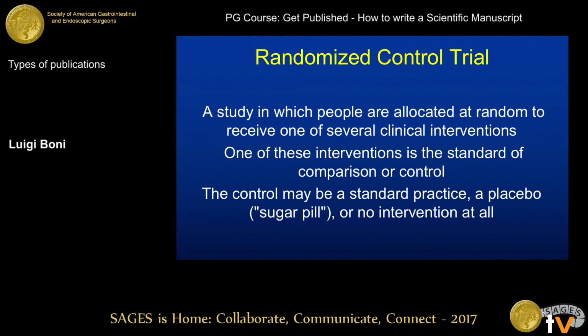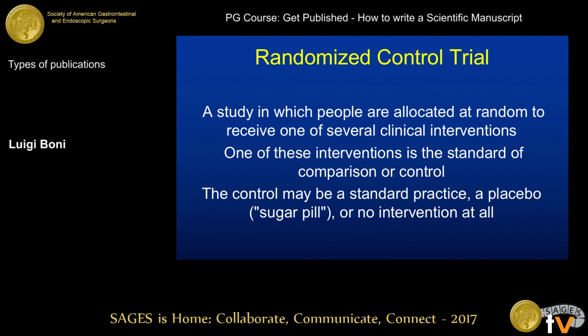A randomized controlled trial is the highest evidence. As I said, unfortunately, they take time and money, and they're very rarely used in surgery. You have a random allocation of people who need one or many clinical interventions. One of these interventions is the standard, and you want to compare it to a control. The control can be different.